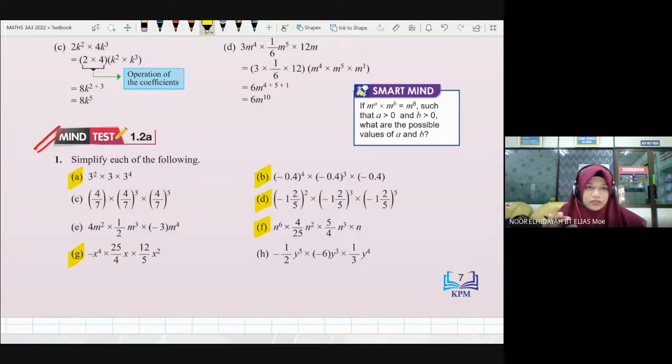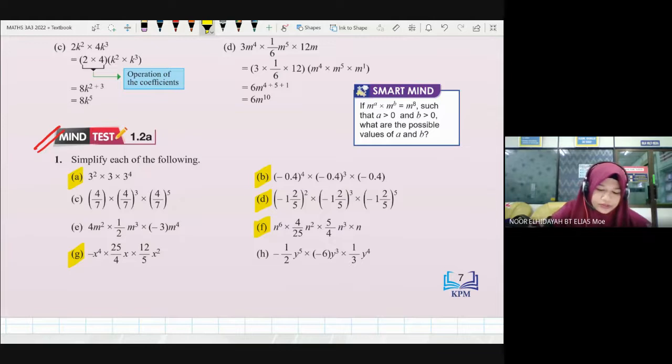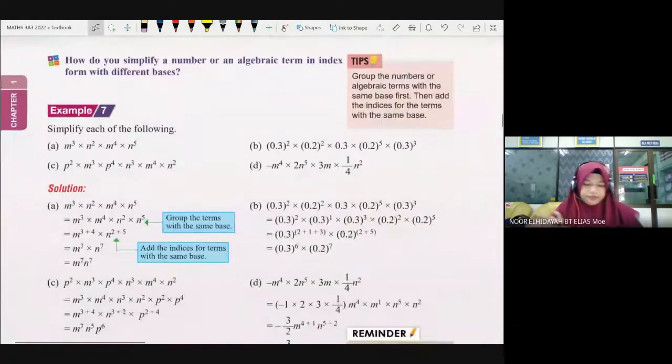A, B, D, F, G. Do now or later, teacher? Later, because I want to go to another law of indices. Alright. So dah take note? Dah, teacher. Okay, good. Next.